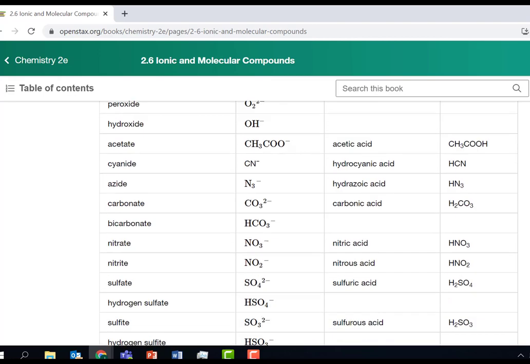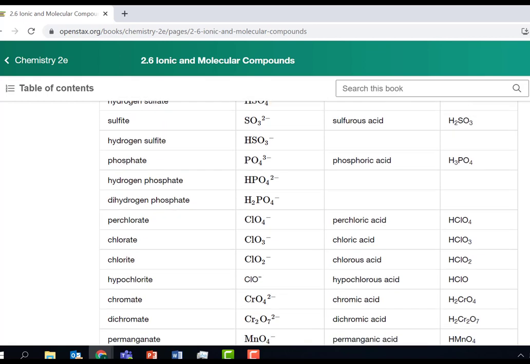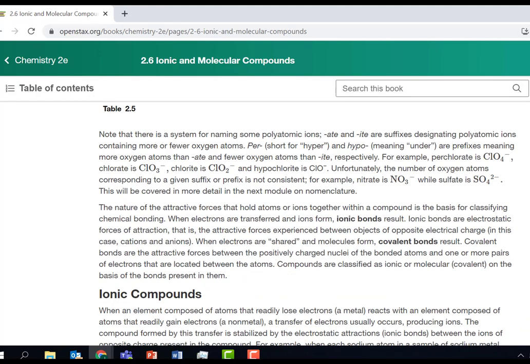I think the best way to do this is I'll have an amended table to the one we're seeing here in the review for Exam 3 PowerPoint that shows the ones you should know. It won't be everything on this list, but it will be a subset of these examples.